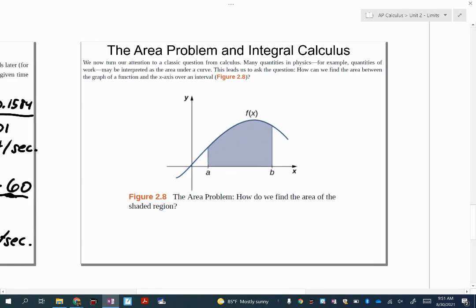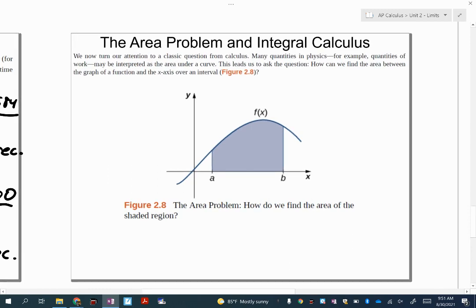Okay, the last question, or the second question, I should say, from the beginning slide was the area problem. So when I think of calculus, this is the classic question, or the most often idea that we talk about: if you have a curve, and you want to look at the area under that curve over an interval.